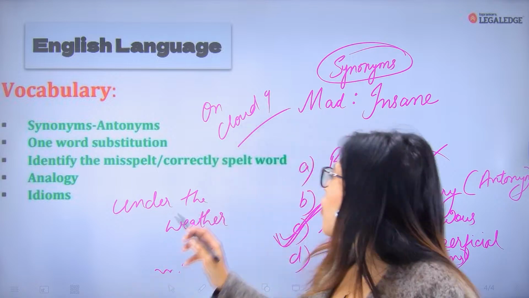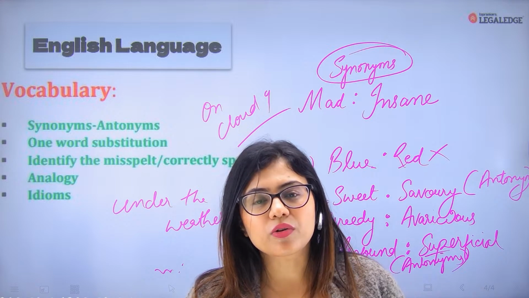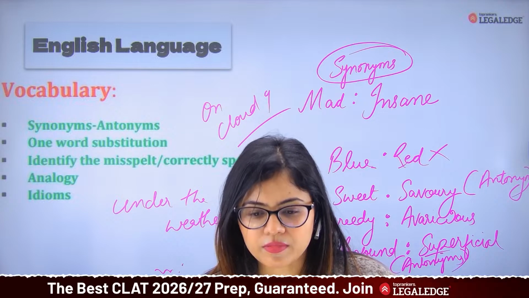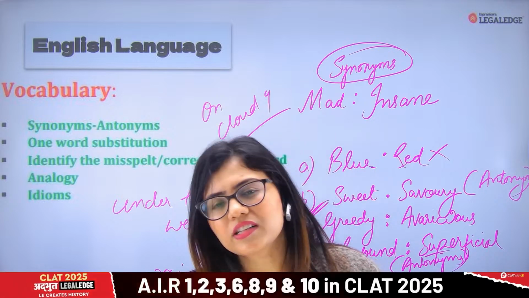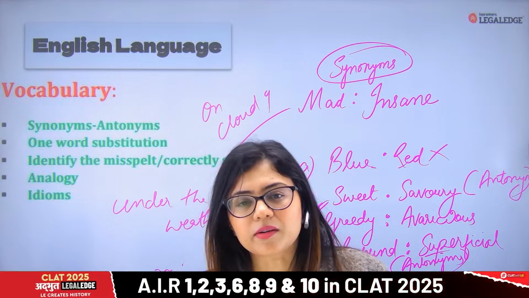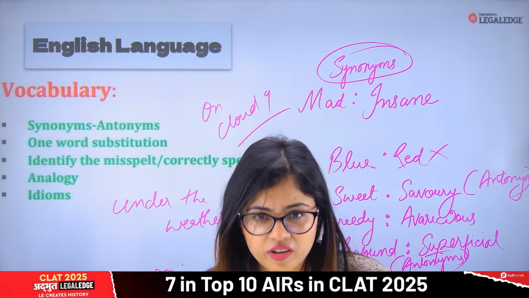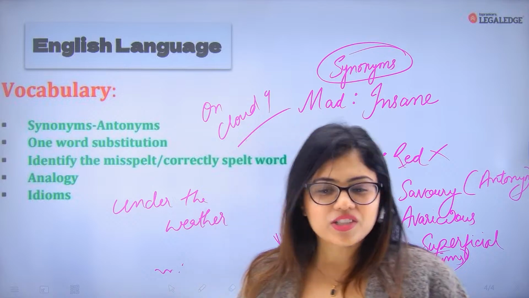So on cloud nine or on the 11th heaven means that you are exceptionally happy, very excited about something. You have probably heard many idioms already, but you need to consciously start preparing them every single day. You do have plenty of time, so do not waste it. As simple as that. And that's pretty much it from my side, guys.